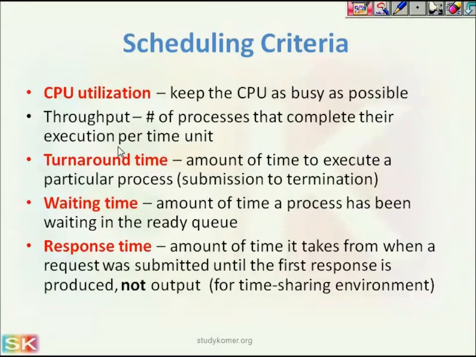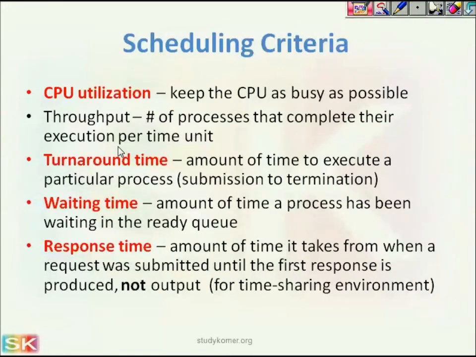Our main purpose is to maximize the utilization of the resources, and in this case we are trying to maximize the utilization of the CPU. So CPU utilization has to be maximized, number one, that means keep the CPU as busy as possible.